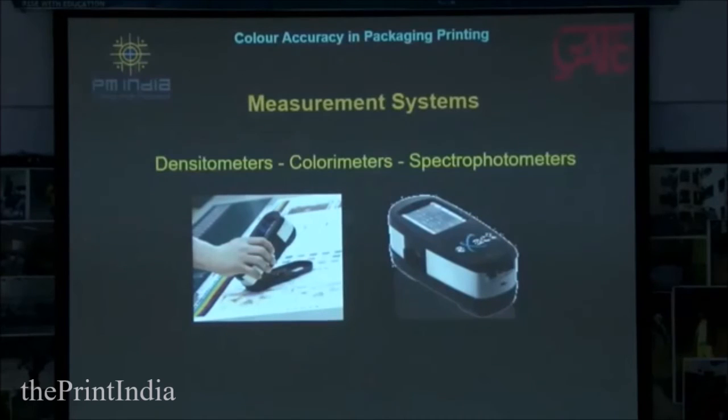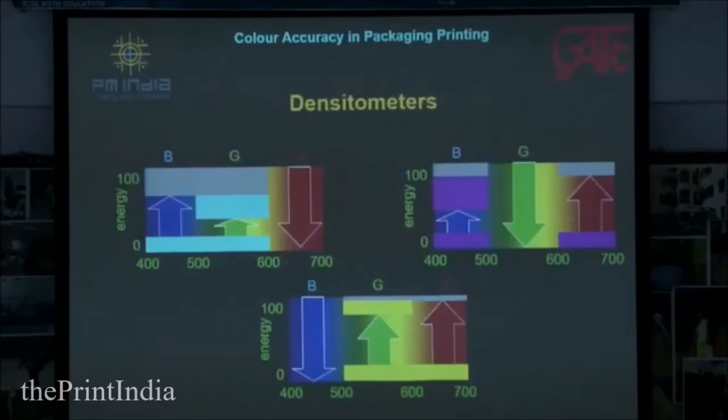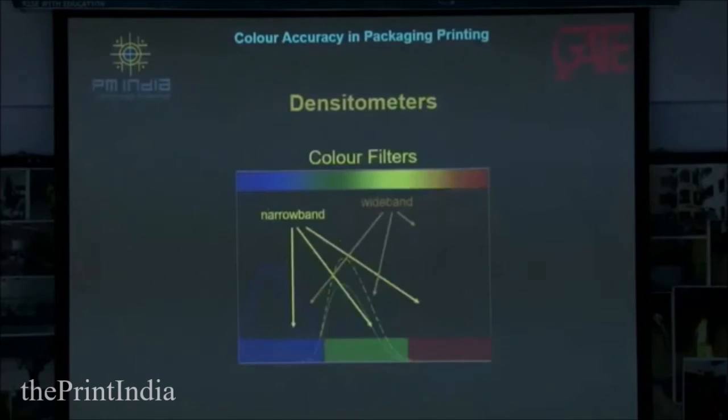So measurement systems: densitometer, colorimeters or spectrophotometer, we talked about it. This we know. So in densitometers, there are two kinds of filter sets. One is called Status E, one is called Status T. Status T is American, Status E is European. European works better as far as density measurement is concerned.